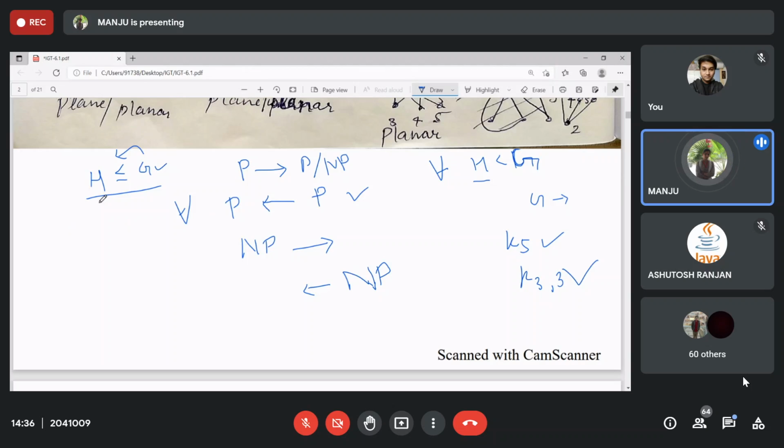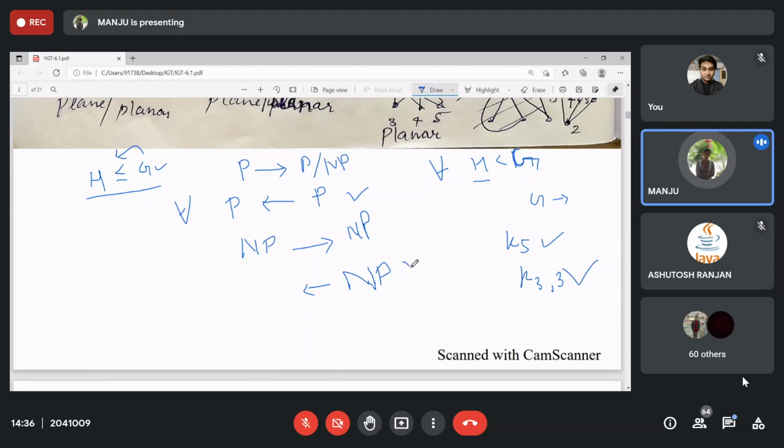Because here edges intersect. Either the graph G will be same as this one, otherwise there might be an increase in the number of vertices or edges, so this conflict will still be present in G. Then it will be non-planar.